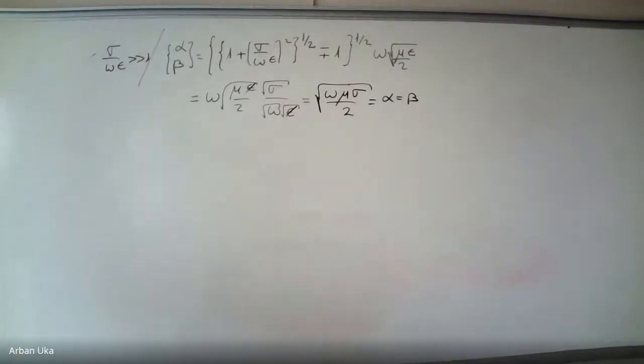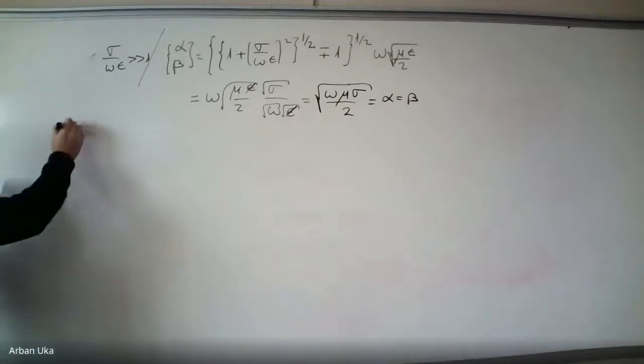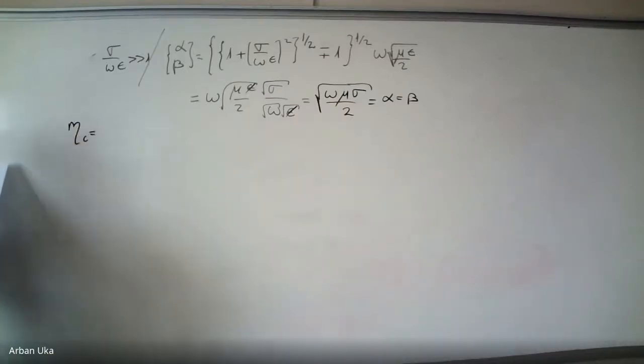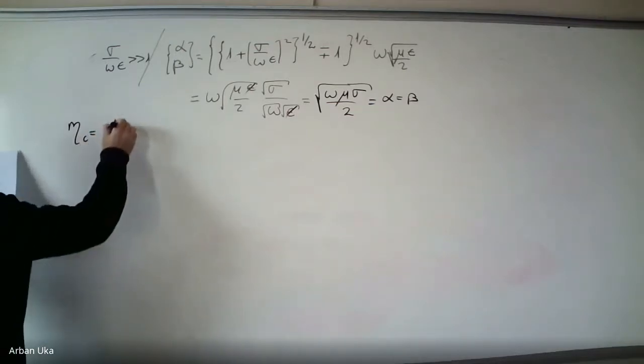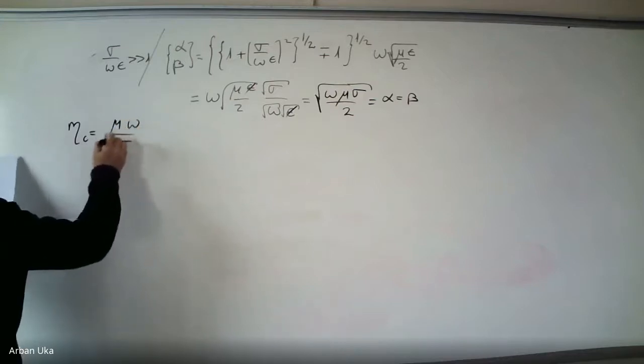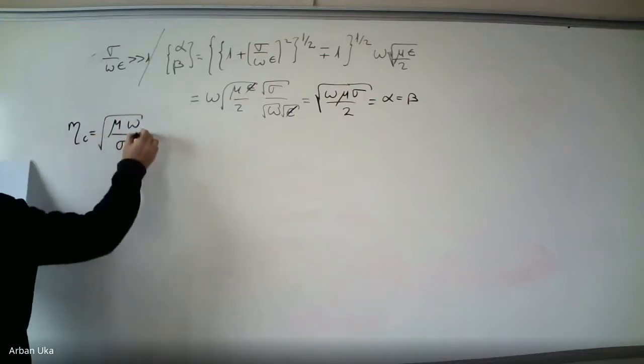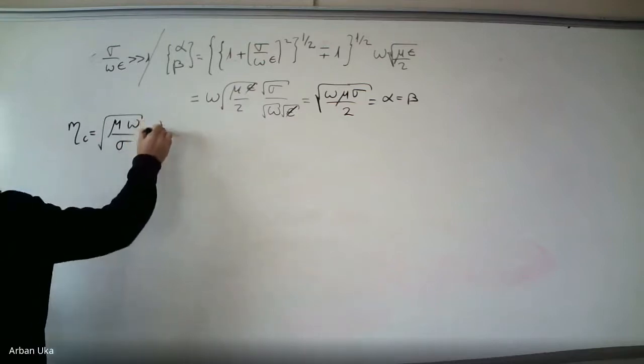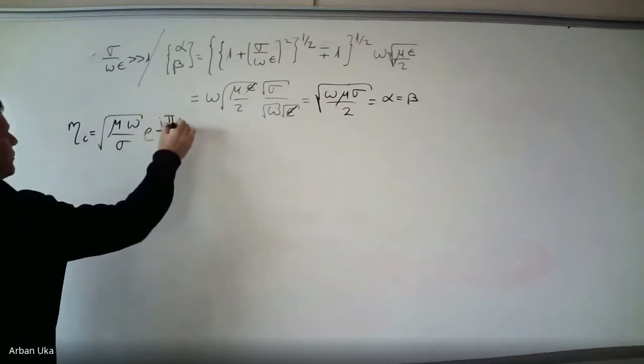And now, since alpha and beta are the same number, we also observe that eta c, the intrinsic impedance, which is a complex number, is going to be equal to the square root of mu omega divided by sigma, times e to the power j pi over 4.